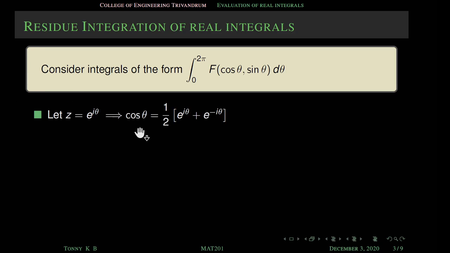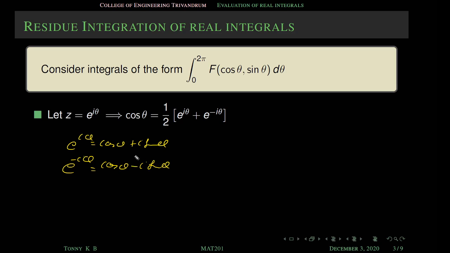Then cos theta is of the form 1 by 2 times e raised to i theta plus e raised to minus i theta. Why? We know that e raised to i theta equals cos theta plus i sin theta, and similarly e raised to minus i theta is cos theta minus i sin theta.